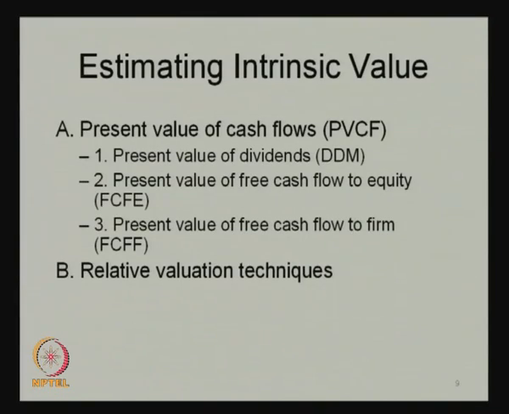This is the way one can apply it, and the next method we have is the present value of free cash flow to equity. In this case, instead of using dividend as the factor, we use free cash flow to equity, which is very simple to find out.